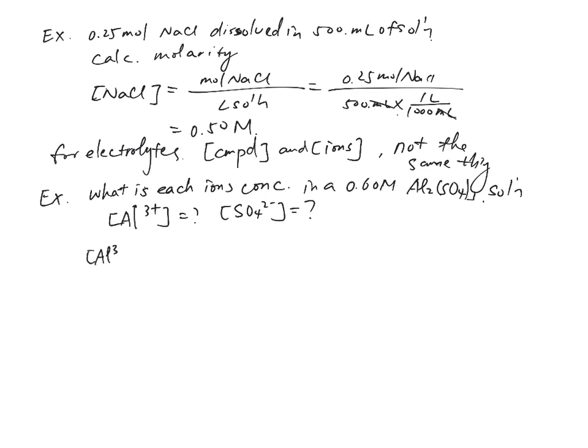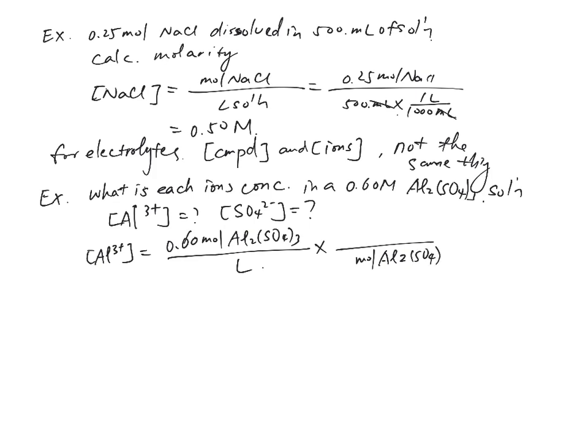So aluminum concentration should equal, you have that concentration in 0.60 mole of aluminum sulfate per 1 liter of solution. And I don't care about moles of aluminum sulfate.